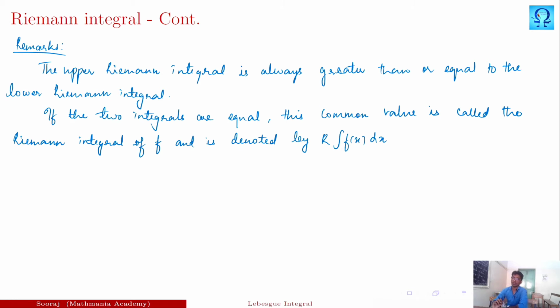When you studied these things in the course of real analysis, you might not have used this notation R. There, we simply write f as a member of R, which means this function f is Riemann integrable. You might also have come across the notation for Riemann-Stieltjes integrable, which can be converted to Riemann just by taking the function alpha(x) equal to x.